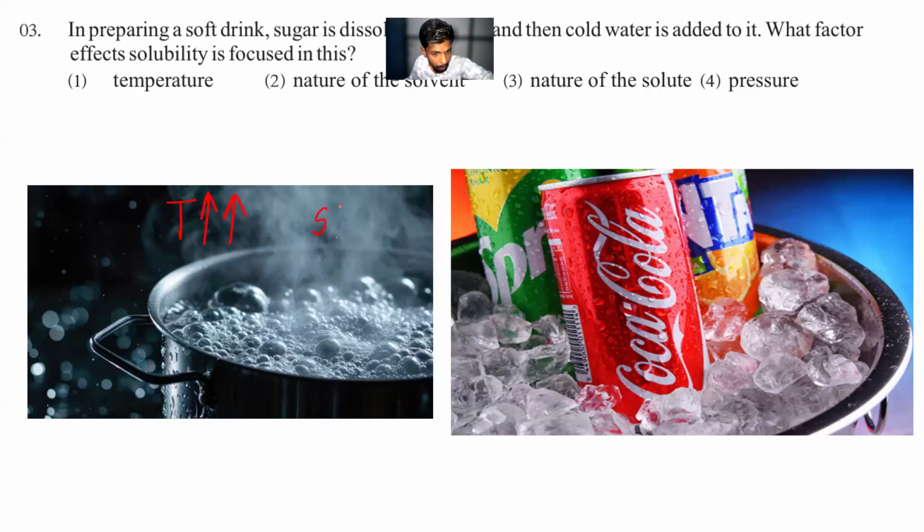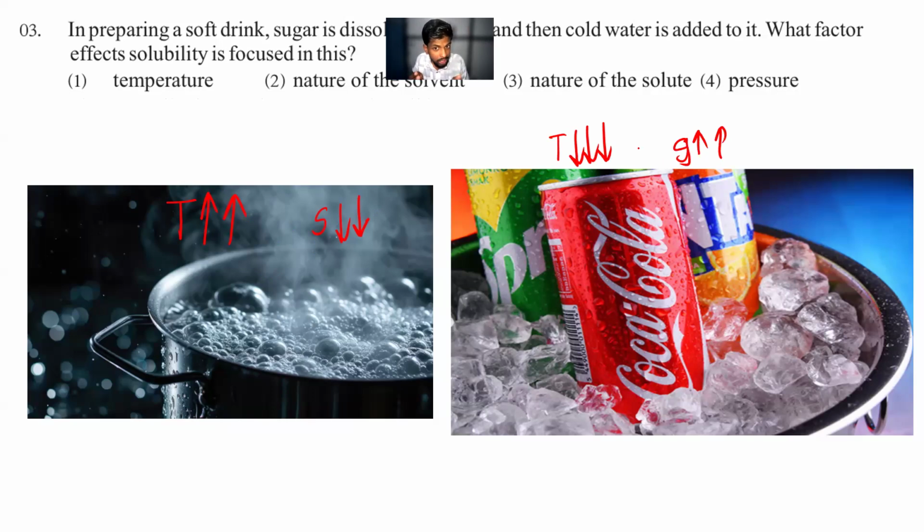All the gases will come out, so solubility will decrease. But in soft drinks, you may have seen that we keep the soft drink in the fridge, in the refrigerator. Do you know the reason for that? Because if the temperature is low, the solubility of the gases will increase.